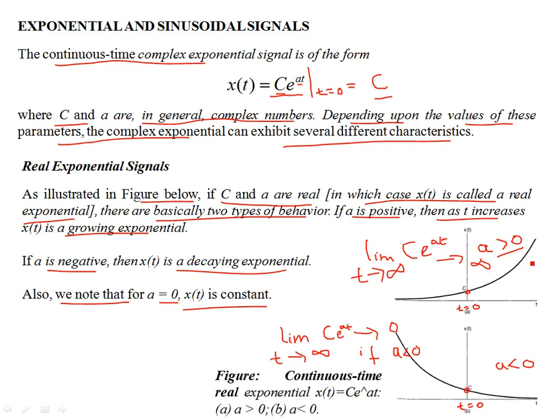That is an exponential growth, showing the complex chemical reaction. So that can be modeled by a real exponential signal as a function of time. Similarly, a decaying exponential can, for example, model radioactive decay.